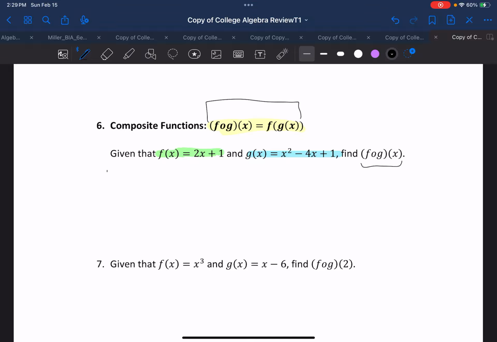So by definition, the composition of f and g of x is equal to f of g of x, which is what this says up here. So this is just notation. It tells me to take g of x and plug it into f everywhere I see an x.